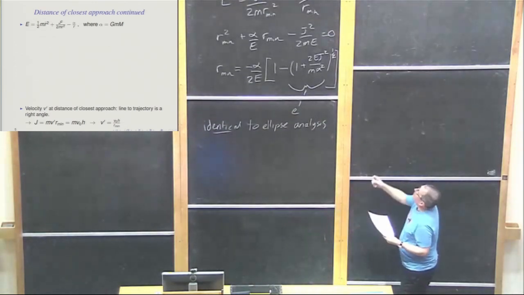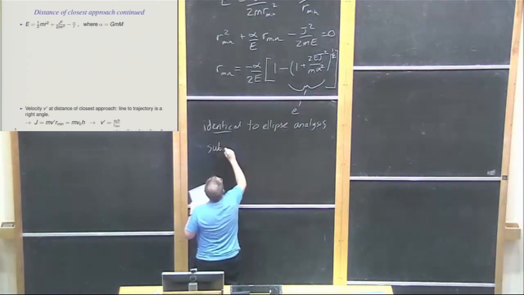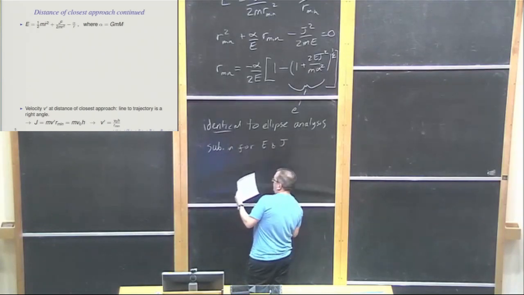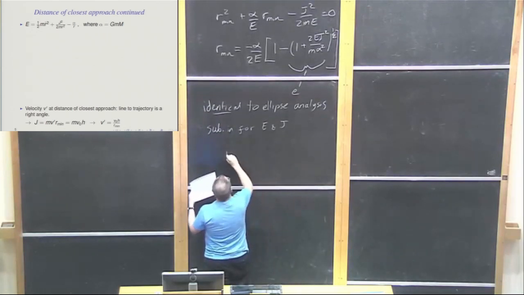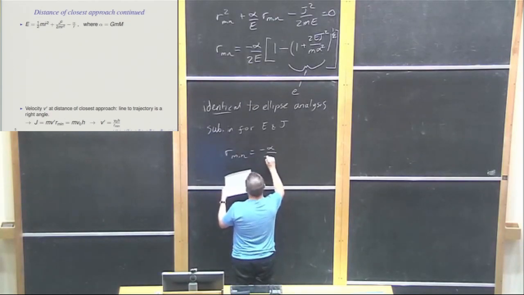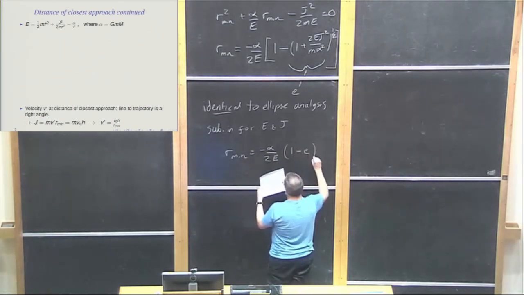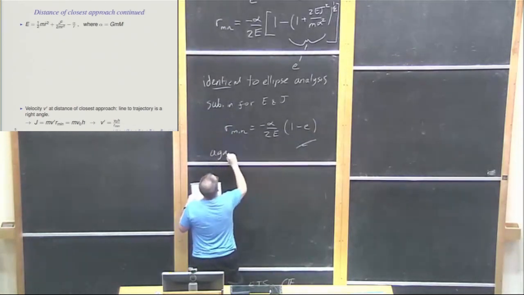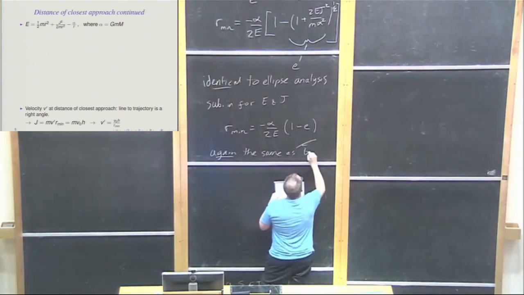We know what E is, we know what j is, so we substitute in for E and j, and we get that r min is equal to minus alpha over 2E times 1 minus eccentricity. So this is again the same as before. I'm just rewriting what we know already.